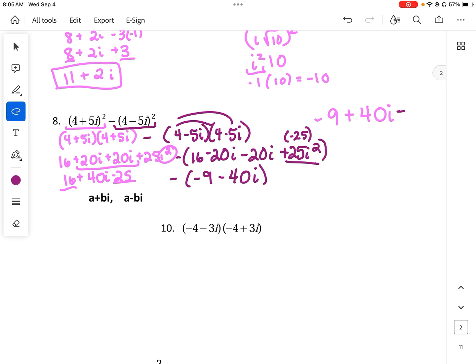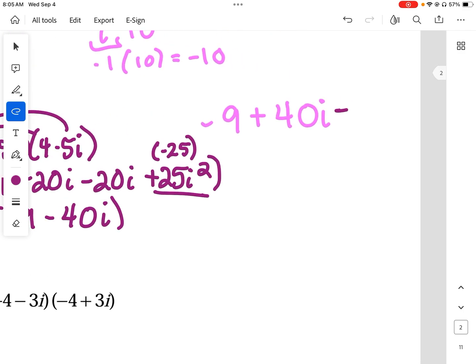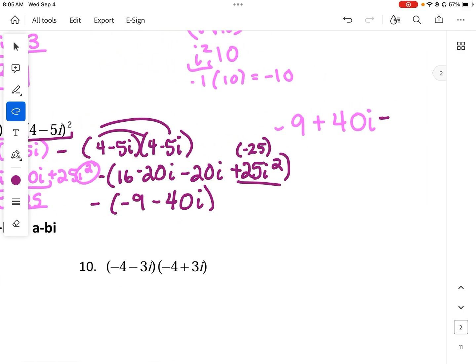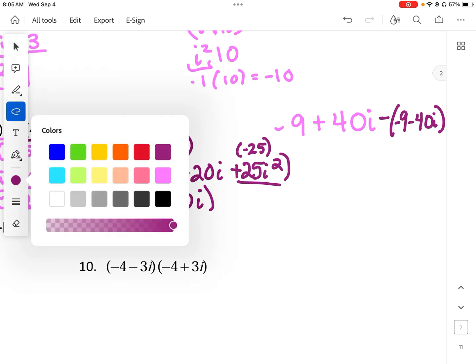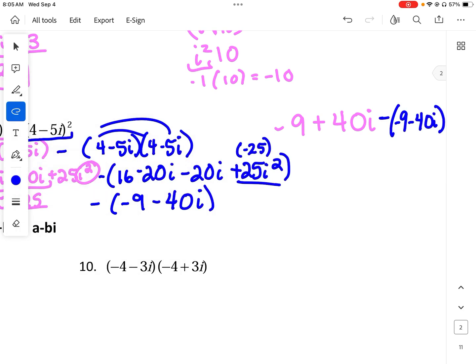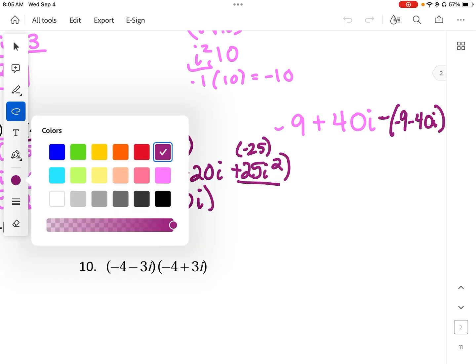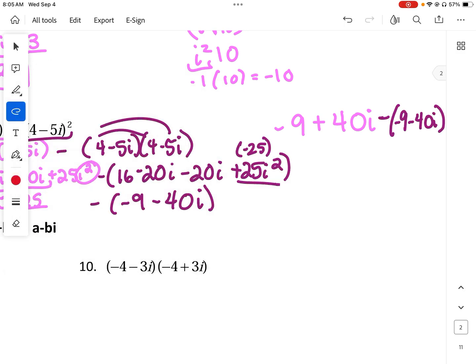All right, so this goes over here, but I'm going to go ahead and change it. Okay, so that's going to be negative 9 plus 40i plus 9 plus 40i, and that's because I did this negative here.